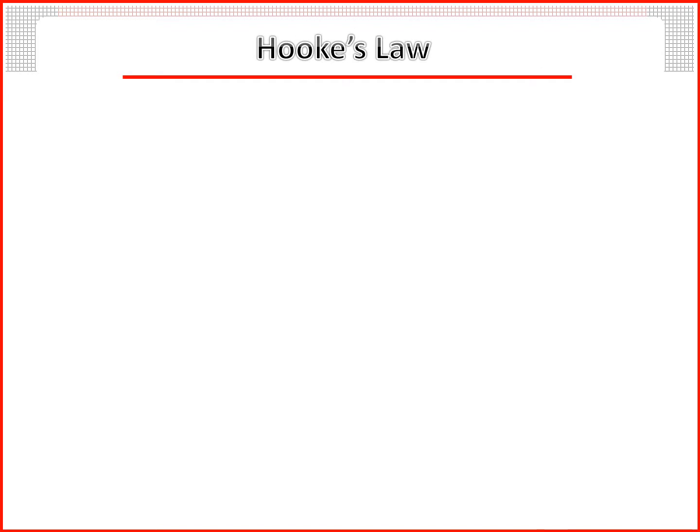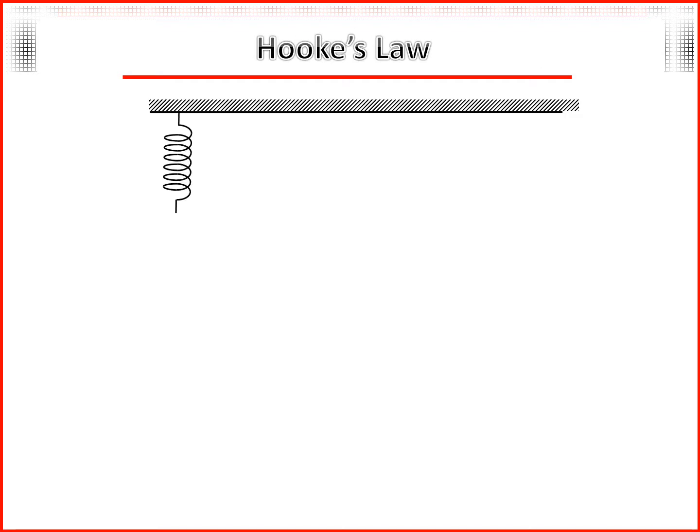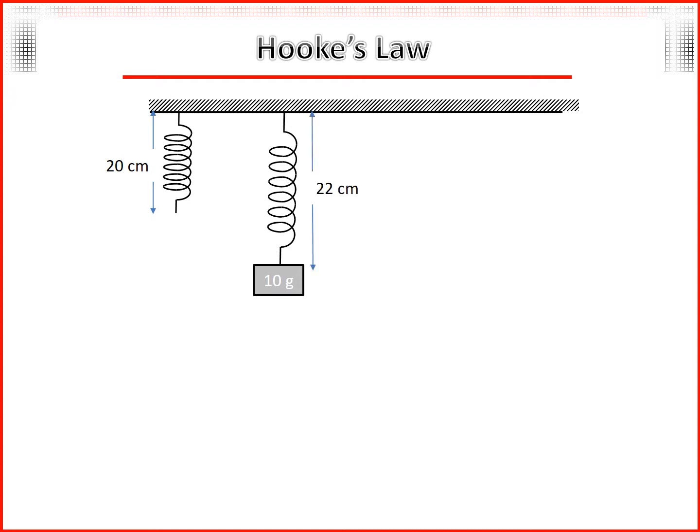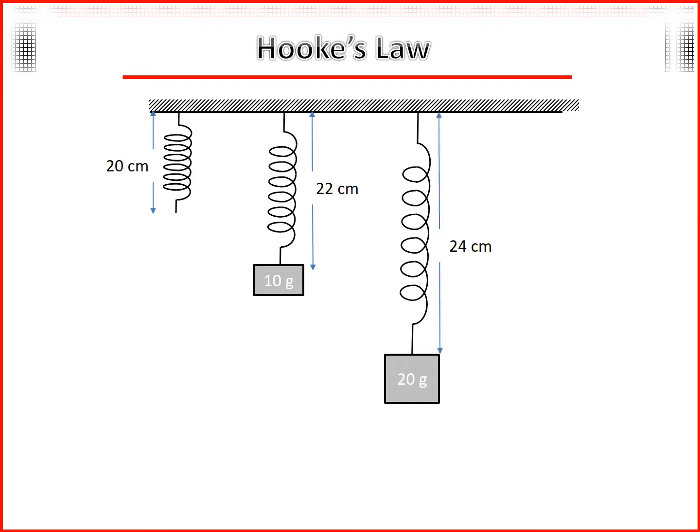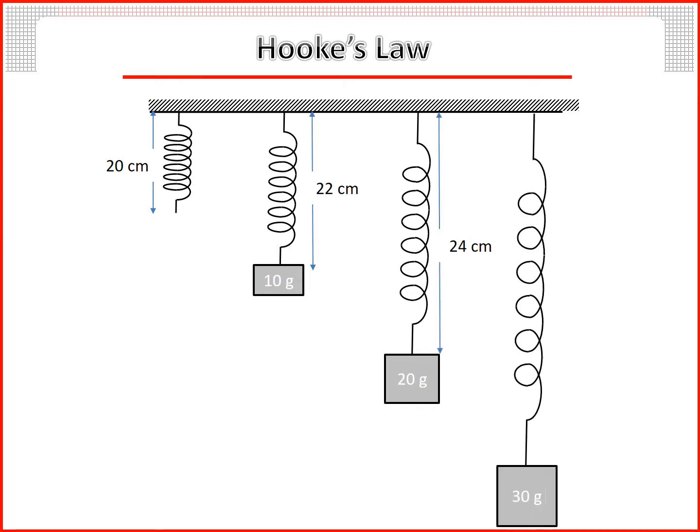Hooke's law. Consider the spring of length 20 centimeter. If we suspend a load of mass 10 gram from the free end, the spring elongates and its length becomes 22 centimeter. If we suspend a load of mass 20 gram, then the length of the spring becomes 24 centimeter.